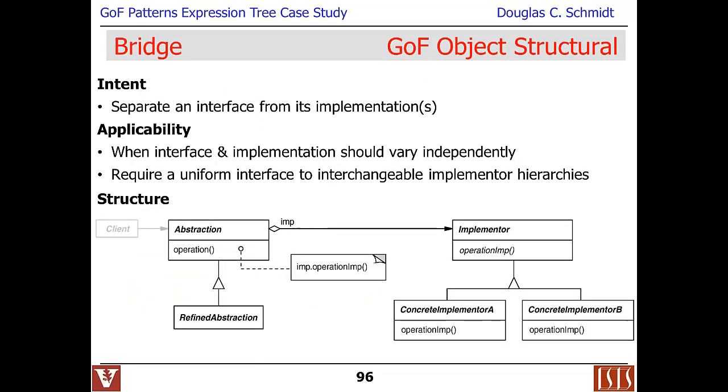Now, this particular way of arranging your software is given a name, and the name is the bridge pattern. And the basic intent of this pattern is to separate the interface from implementations, where the emphasis is on plural. So you want to have a common, stable, consistent, uniform interface that is unchanged and static or fixed.